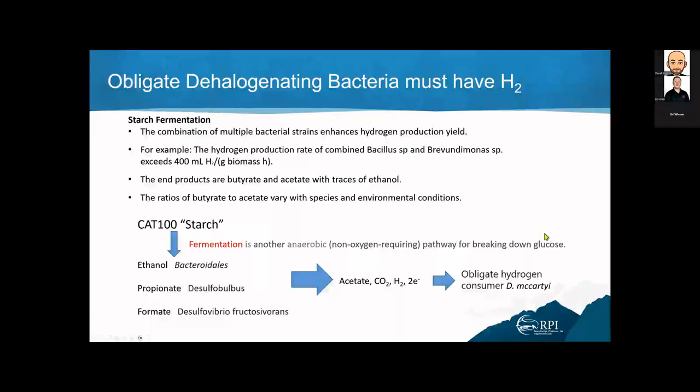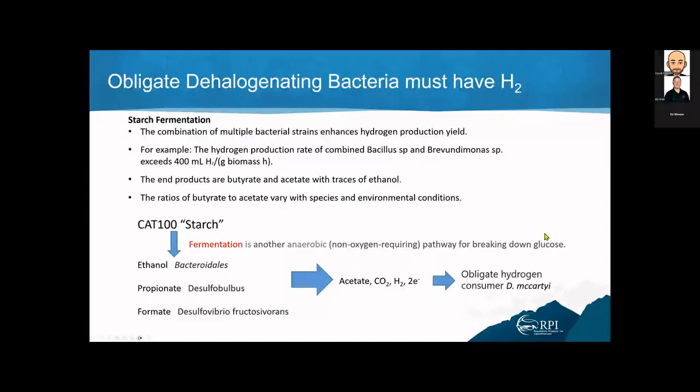Plenty of hydrogen. The end products other than hydrogen are butyrate, acetate, and traces of ethanol. Most people just say acetate and move on with it, but you can produce the others, which is probably a different topic. The ratio of butyrate to acetate varies with other species.